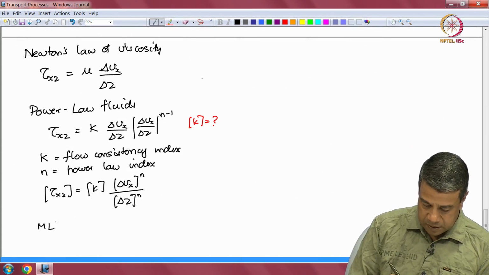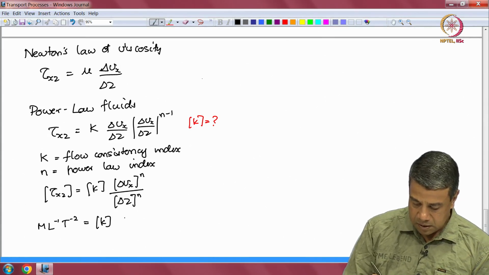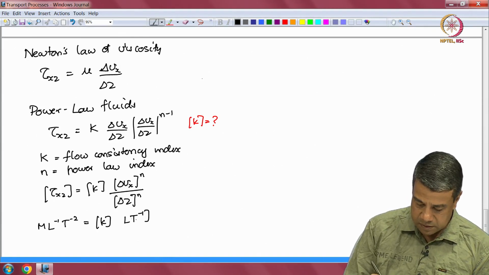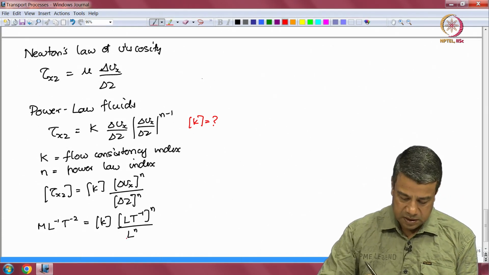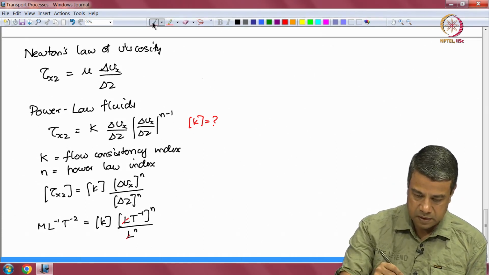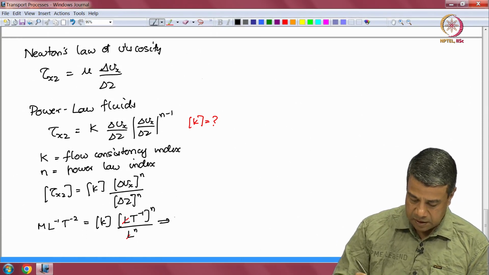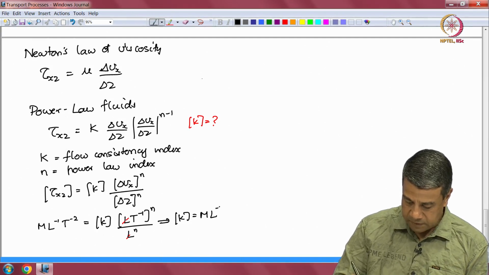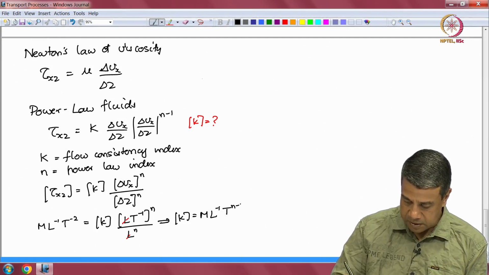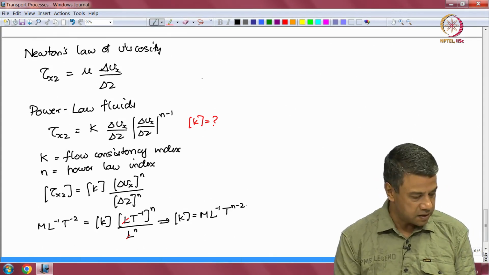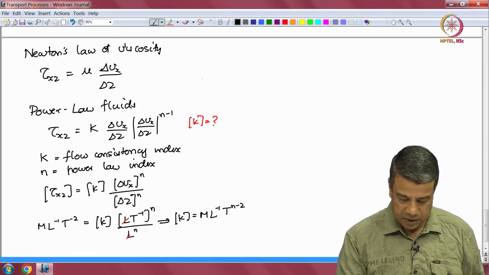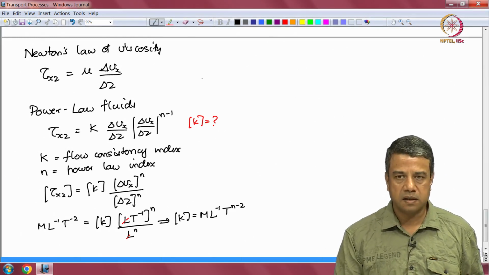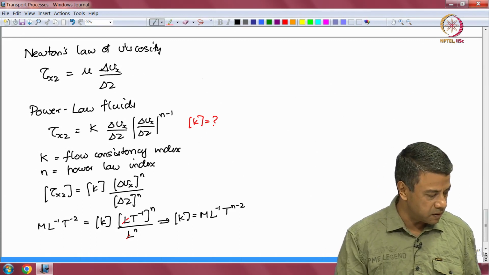M L inverse t power minus 2 is equal to kappa into L t inverse whole power n by L power n. This length dimension will cancel out over here, and I will finally get kappa is equal to M L inverse t power n minus 2. So, that is the dimension of this flow consistency index. In this way, if we have a relation, we can determine the dimensions of quantities that we do not know.